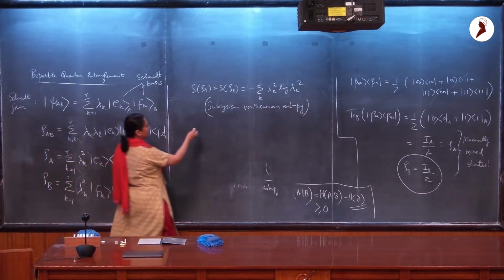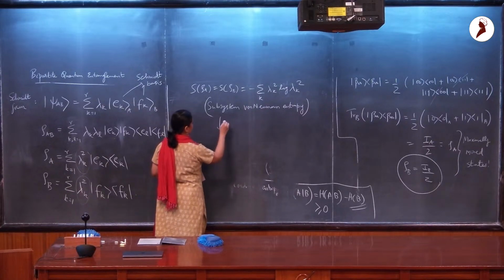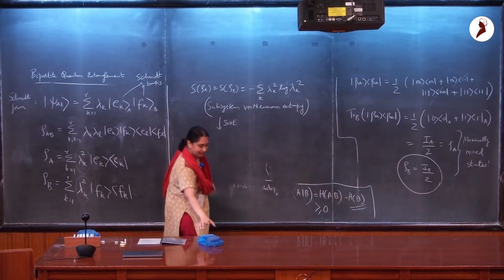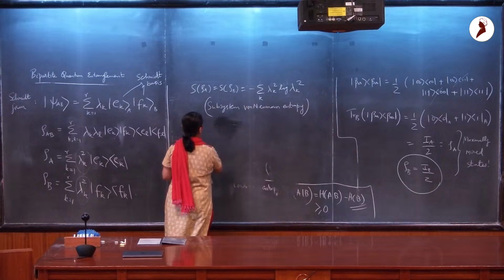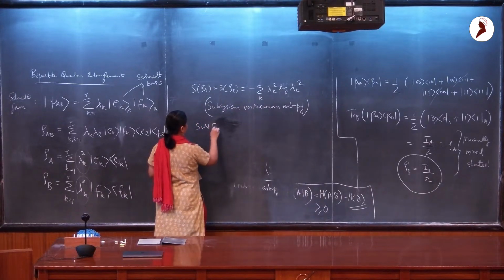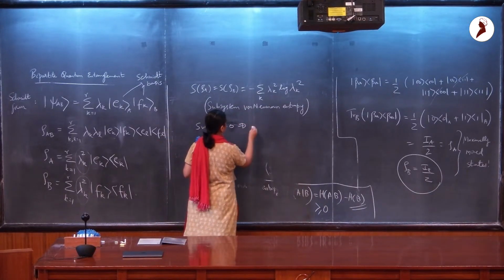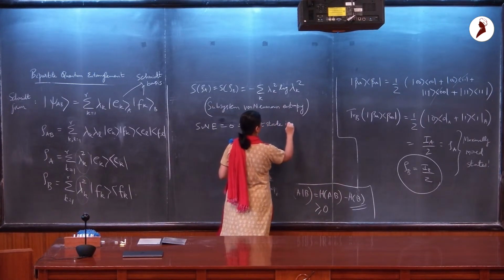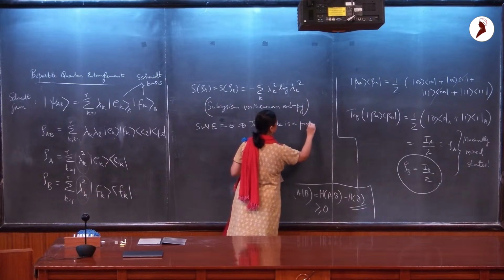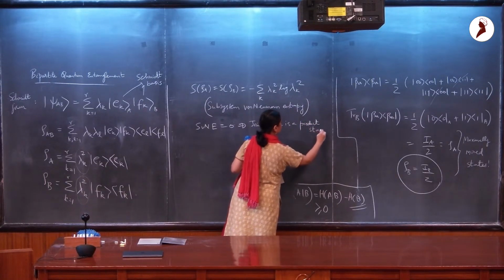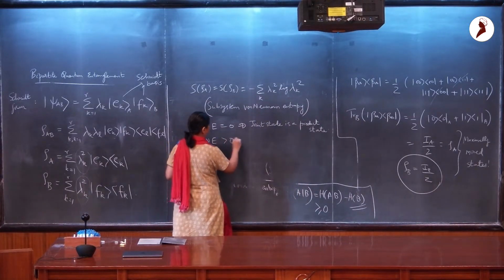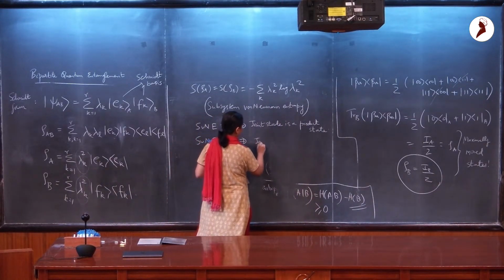So when this is 0, this is often called, I think, SVNE, right? So let me just use that. If this is 0, it implies that the joint state is a product state, is unentangled. Any value of this greater than 0 means that the joint state is entangled.